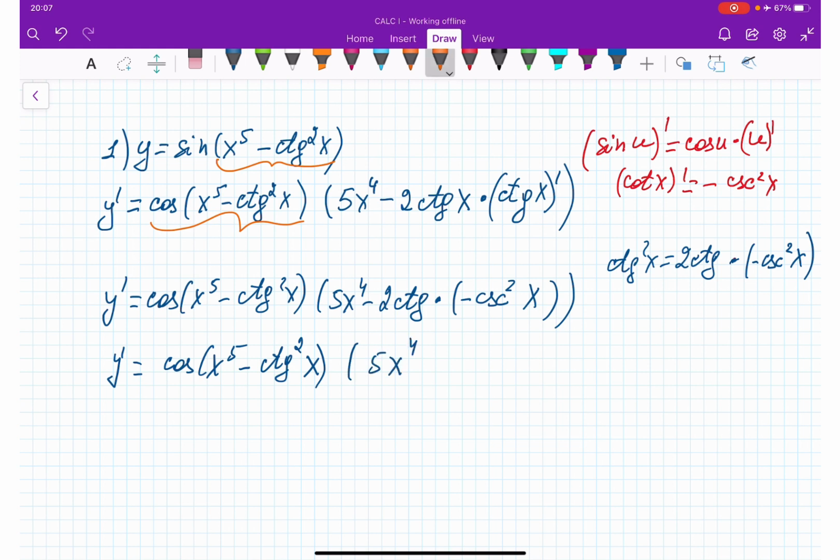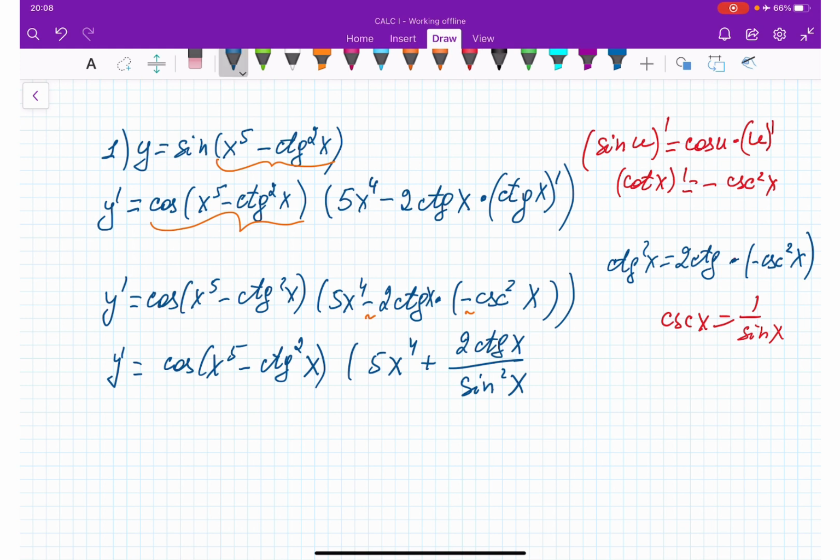So here we have negative multiplied by negative, it will end up with, excuse me, plus 2 cotangent x over cosecant squared, I'm going to write down as sine squared x, right? Because cosecant x is 1 over sine x, right?